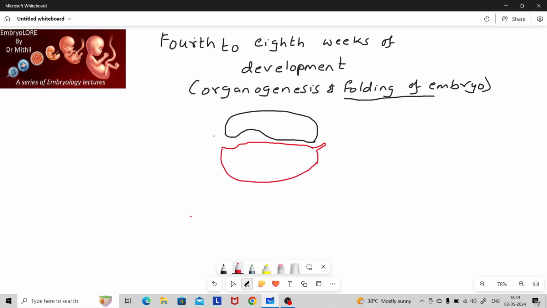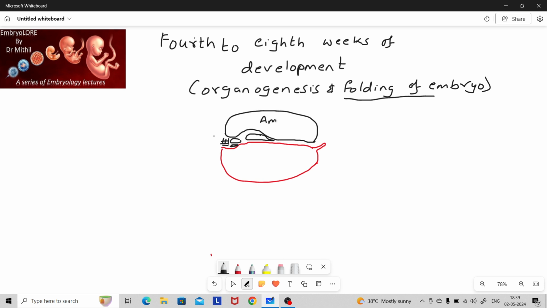Now here there will be the neural plate, and then the septum transversum, and behind the septum transversum there will be the pericardial cavity and the heart tube. Let us label them one by one.